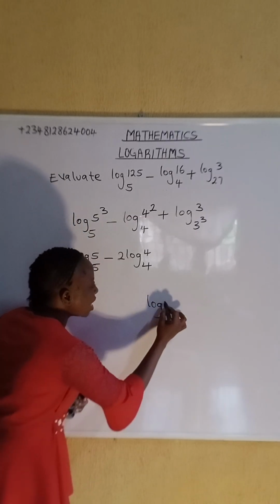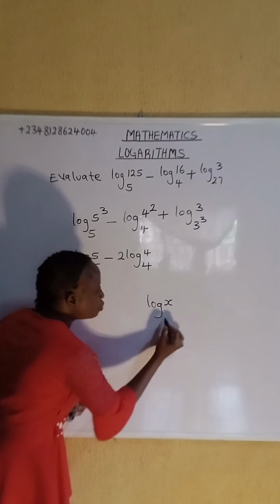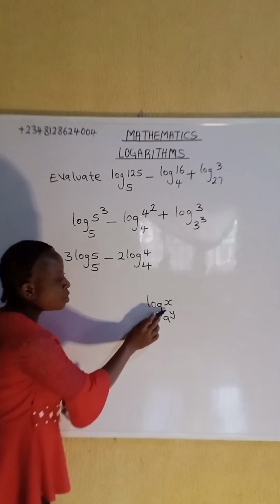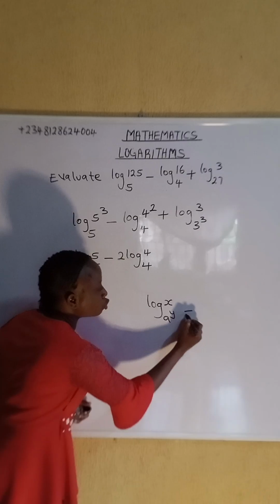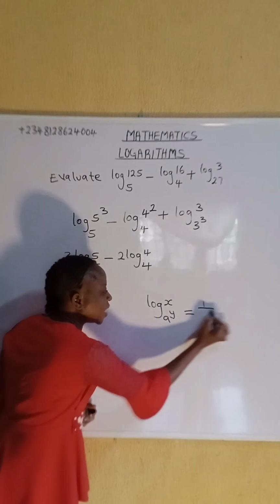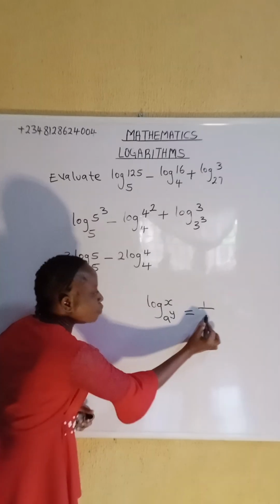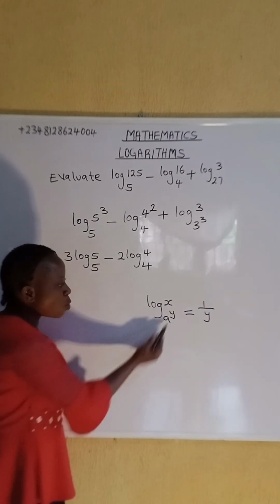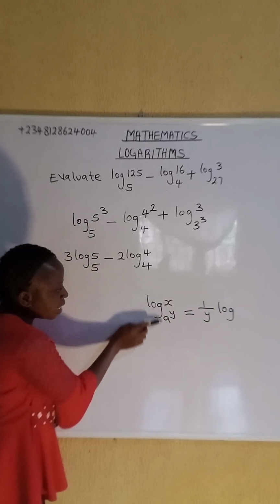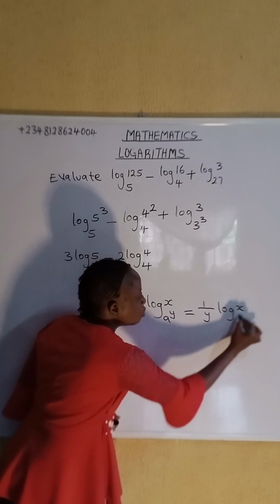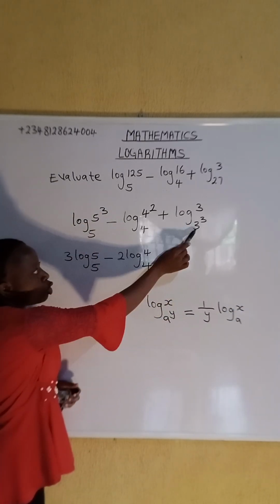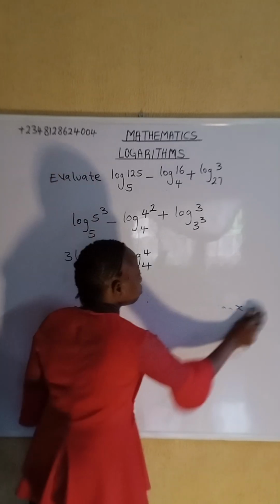Base power law states that log x base a raised to power y equal to, you bring this power to the front of the logarithm, but it will give you 1 divided by the power under the base, 1 divided by y, then log, so we are left with x base a. So let's apply this law to simplify this further.